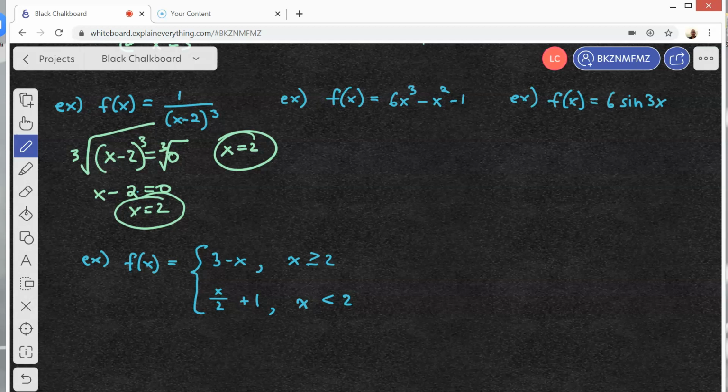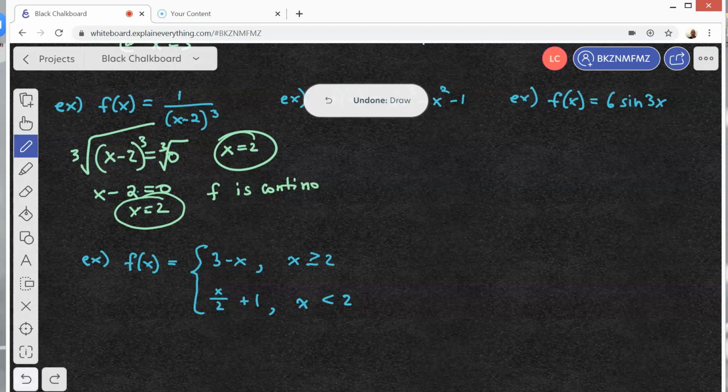So another way of saying where a function is discontinuous, you could say f, the function, is continuous. Let me fix my spelling. It's U-O-U-S.